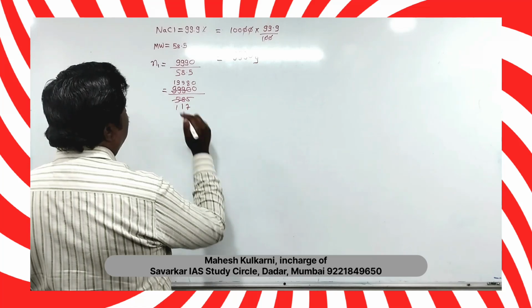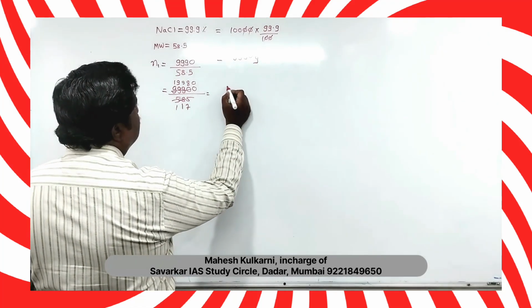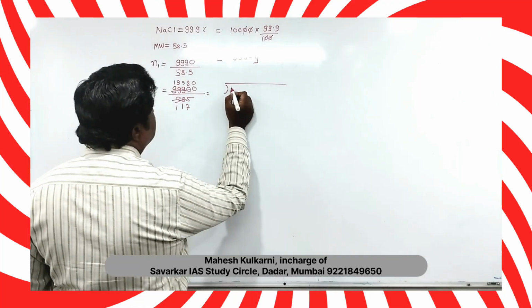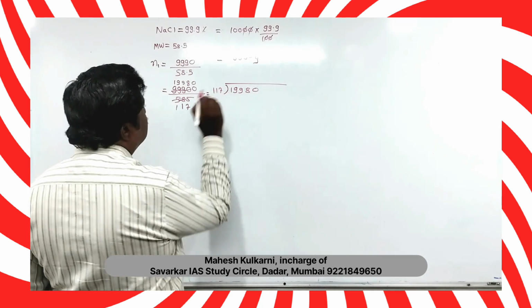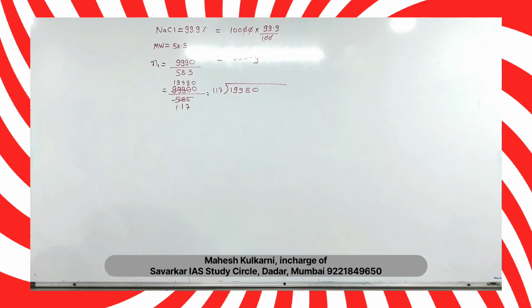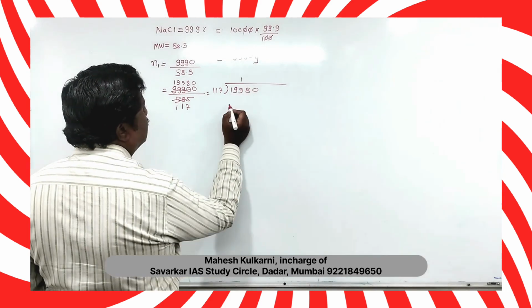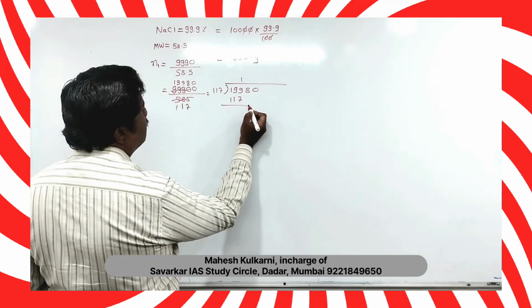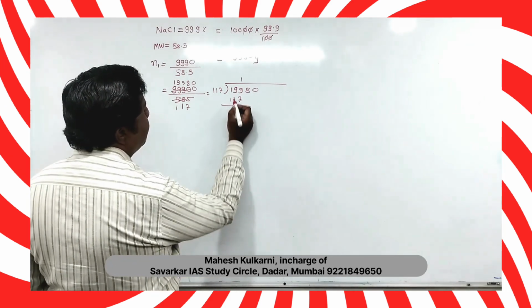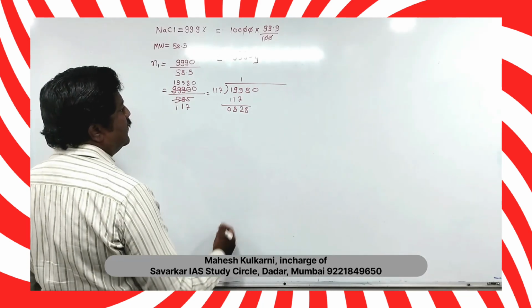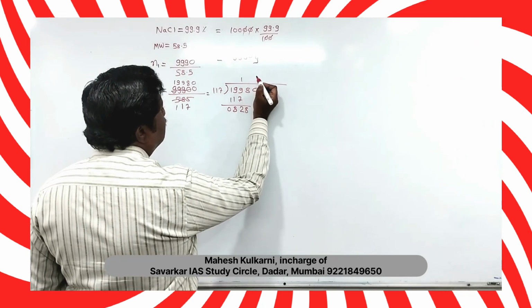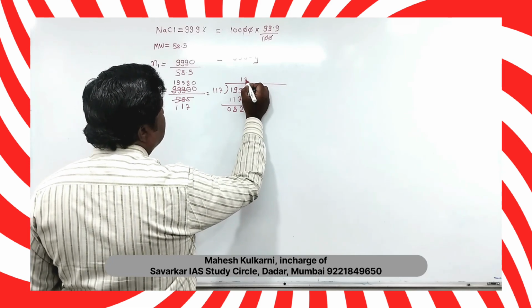So the number of moles, I have to calculate 19980 and here 117, now it's 117, so 280. Again take 8, same previous calculation, I can go here by 7.